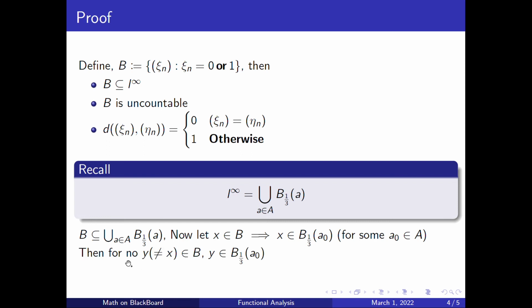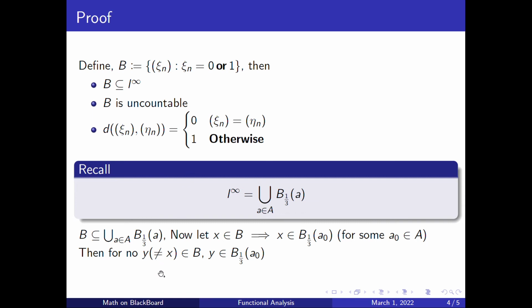Then we see that if you take any other point y in B which is not x, let's look at this discrete metric. We have a y which is not x, which means the distance between y and x cannot be 0, because we are already given that y and x are not equal, which means it has to be 1.